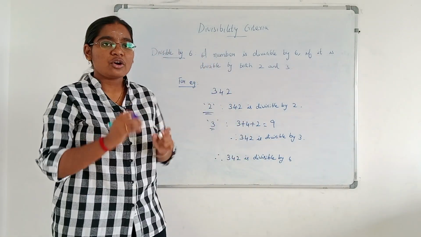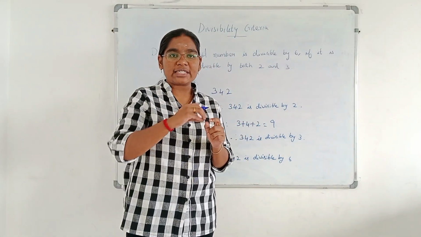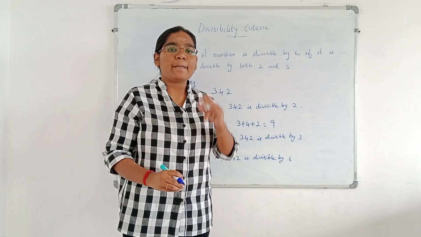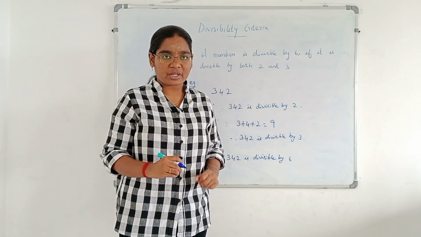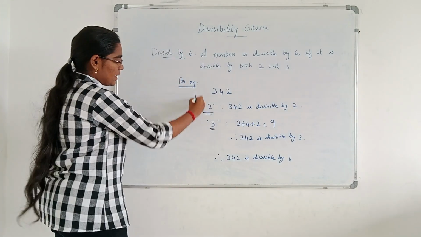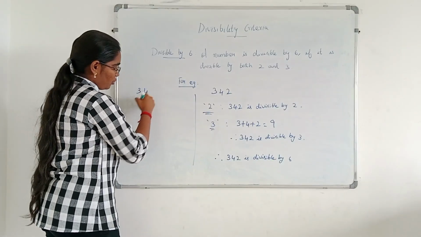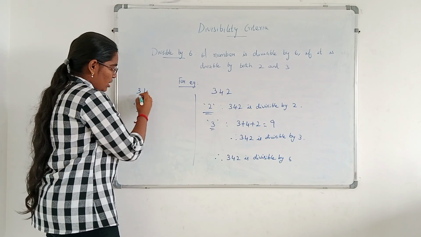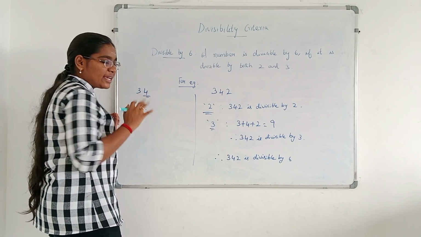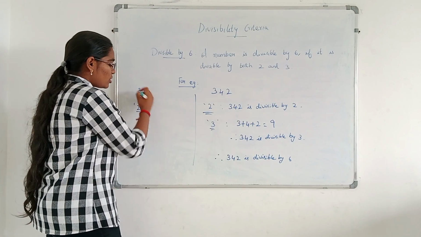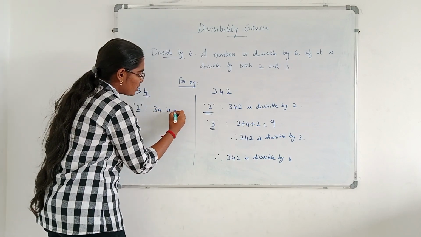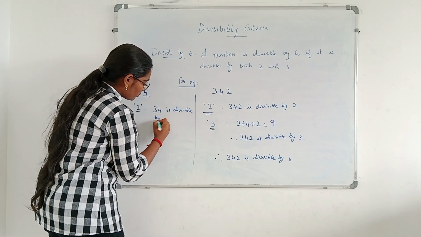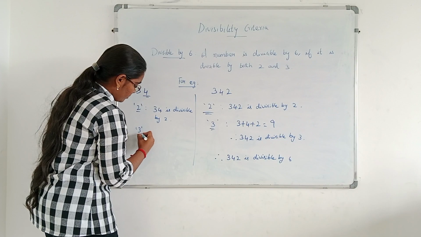So for a number to be divisible by 6, the number should be divisible by both 2 and 3. Now consider another example, 34. First check the divisibility condition of 2. 34 has 4 in the units place, so 34 is divisible by 2. Next, 3.